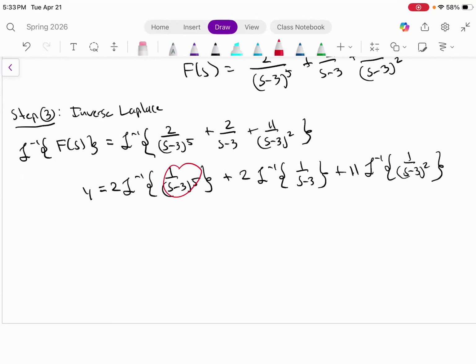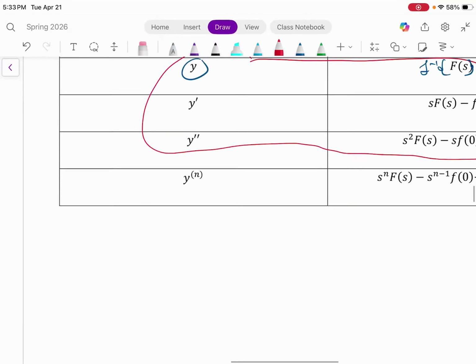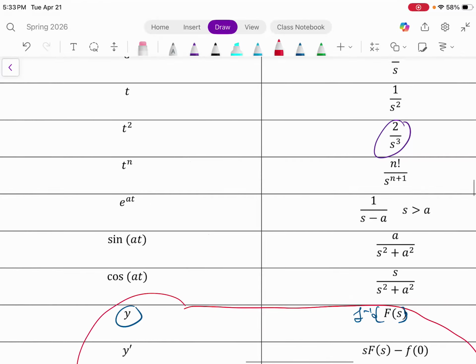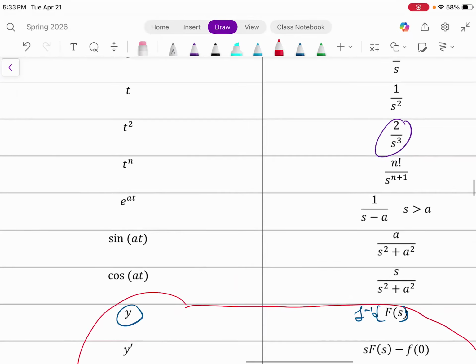Because I'm thinking, with s to the fifth, I'm going to end up with something like t to the n, but I would need a 4 factorial on top in order to come back in inverse Laplace.